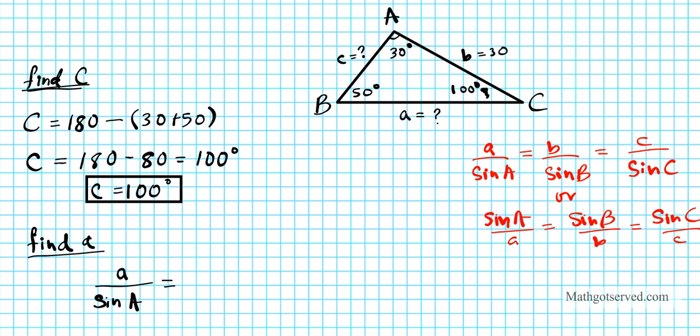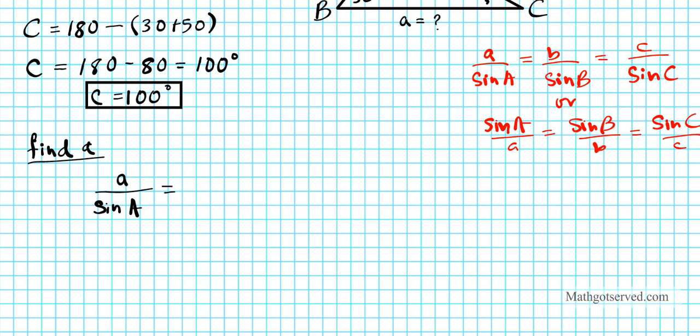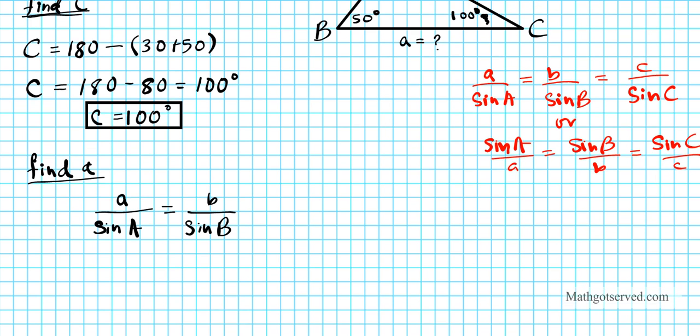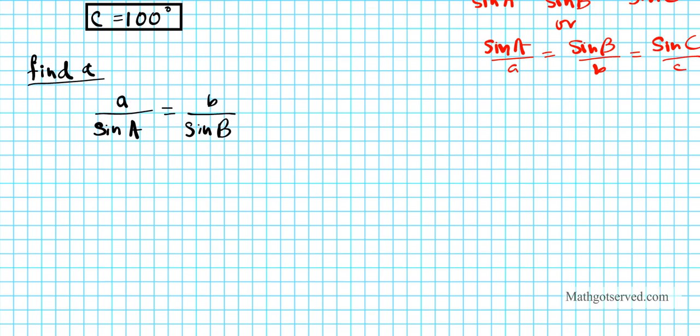That's why I said since we have a pair that we know, we can use the law of sines. Since I know big B and little b, the formula I'm going to use is a over sine A equals b over sine B. When I substitute, I must have only one unknown in my equation, or else I can't solve it. So let's go ahead and make a substitution.